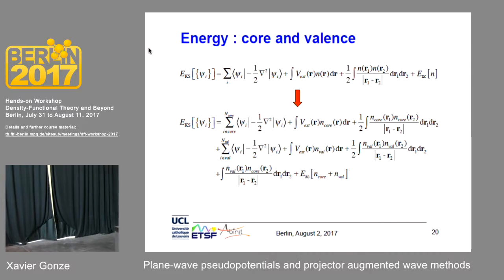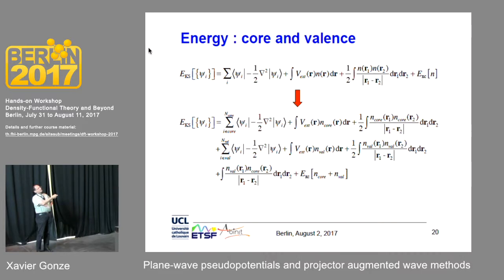Now, this was for the density. What about the total energy? Let's take explicitly our expression for the Kohn-Sham energy: kinetic, density in the potential created by the nuclei, this is the Hartree, and this is the exchange correlation. This part is easily split also between the core contribution and the valence contribution, because it's simply additive.